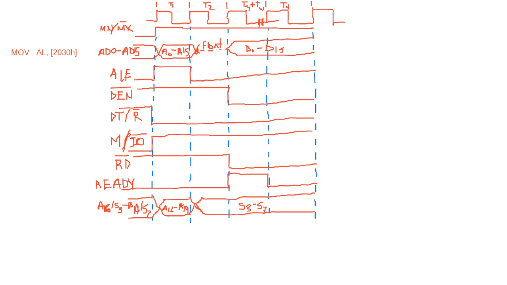Okay, so is it clear, guys? Yeah, so this is about the read operation. If it is a memory read, then it is this. But if it is an input output read, like IN AL, 30H, only the change is here and here, because for input output we don't need A16 to A19.